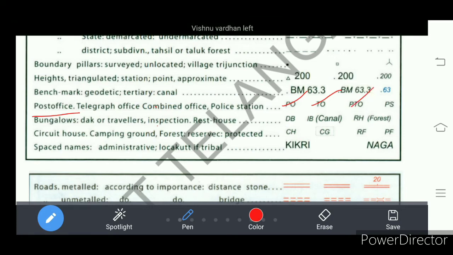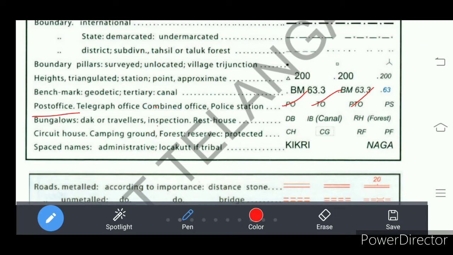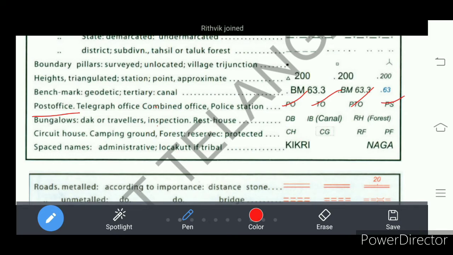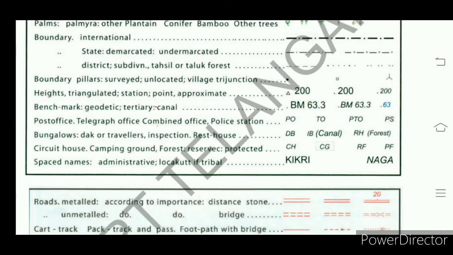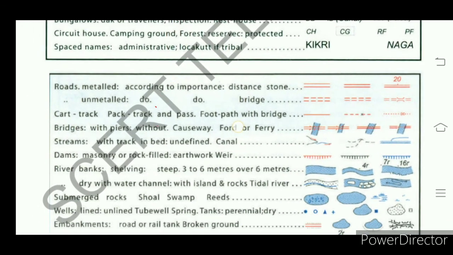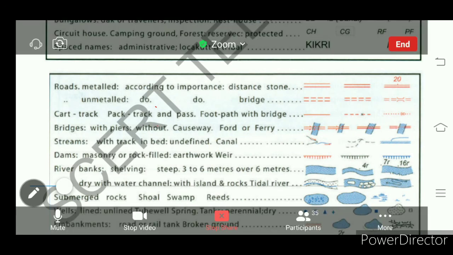That means post office, telegraph office, telephone office. Then PS, police station. And there are canals and rivers. In this way, we use different symbols. Some more are given in your textbook.